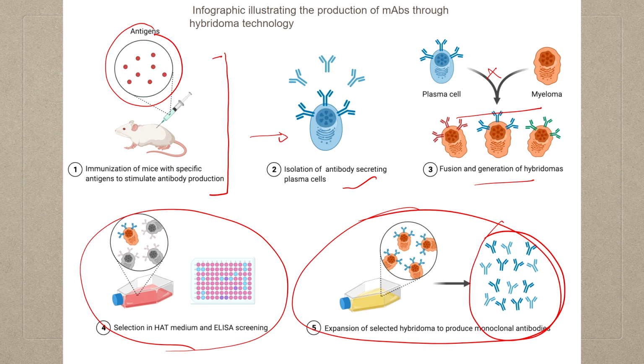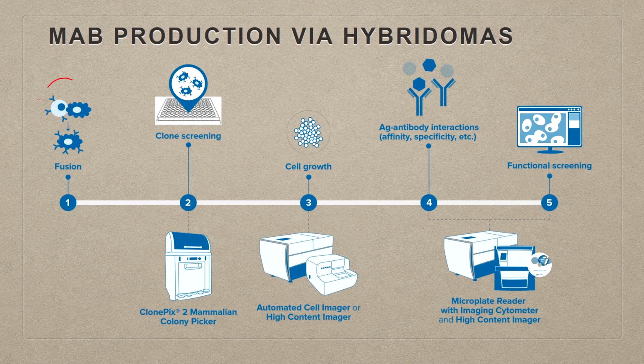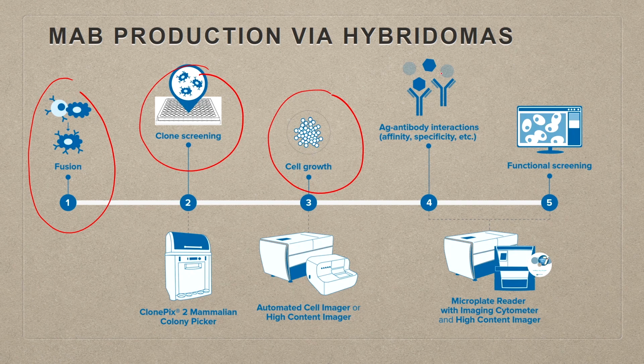So, this is the overall spectrum of hybridoma technology for monoclonal antibody production. And if we look at it graphically, this is the fusion process, clone screening process, cell growth, antibody interaction using affinity, specificity, and functional screening.